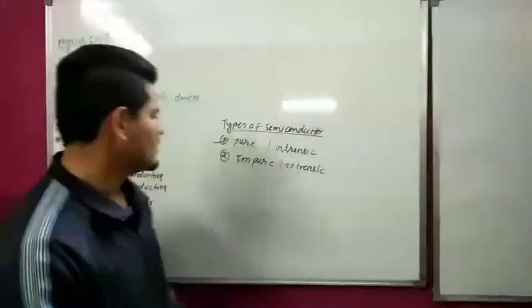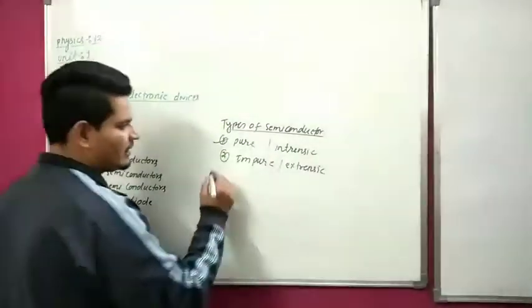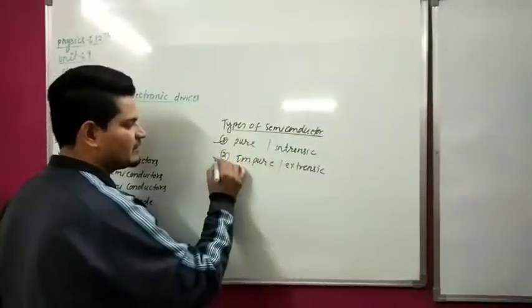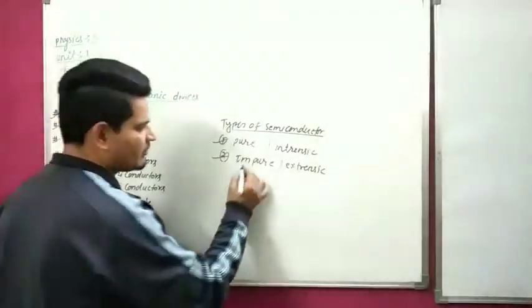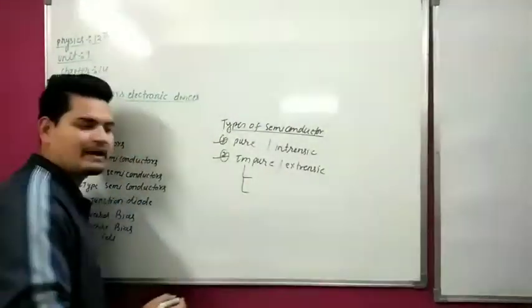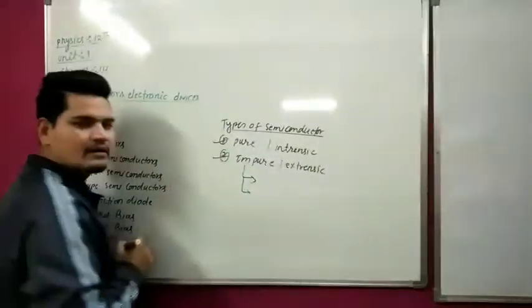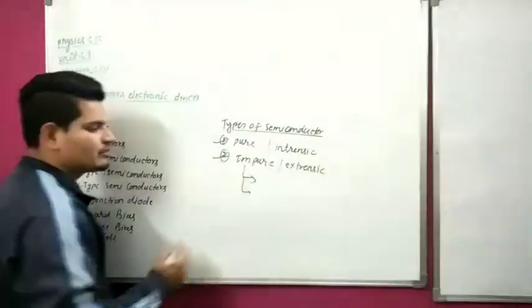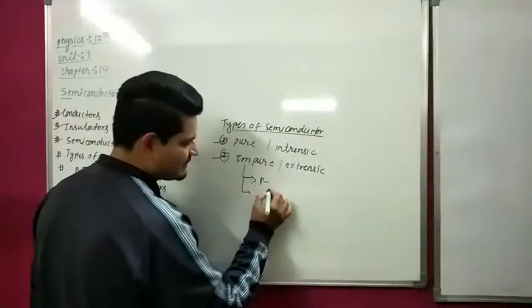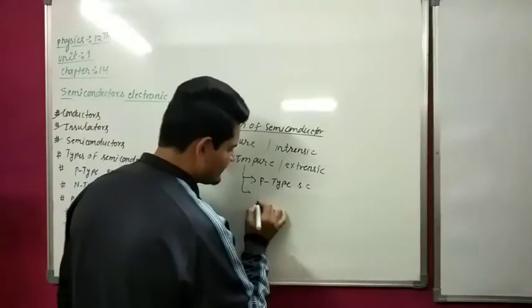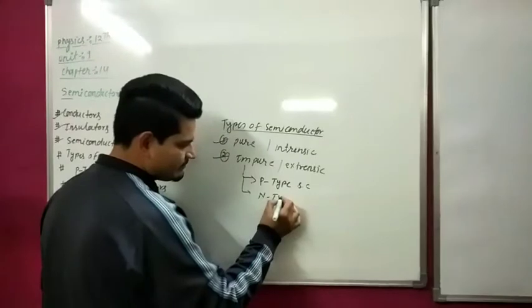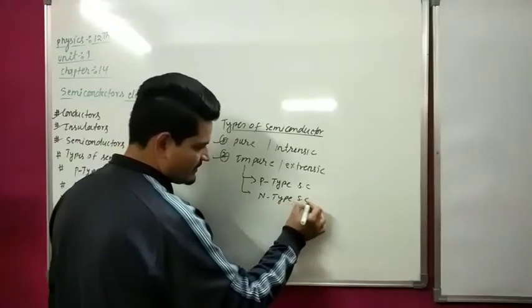And whenever impurities are mixed in a semiconductor, then it becomes impure semiconductor. Impurities are of two groups, trivalent group and pentavalent group, giving p-type semiconductor and n-type semiconductor.